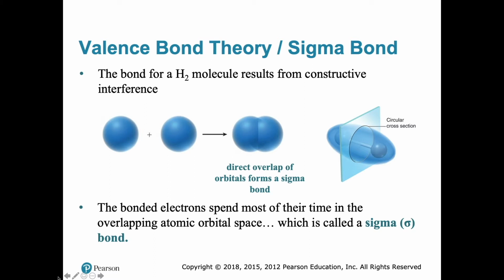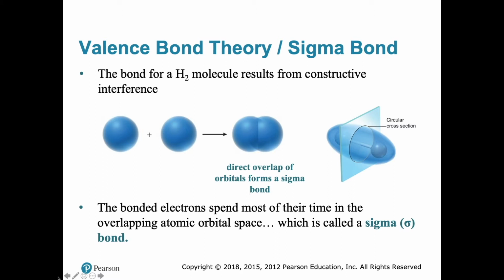And so two hydrogen atoms can come together, and when two of the s orbitals come together, you get this direct overlap that forms, and what you get as a result is what we call a sigma bond.